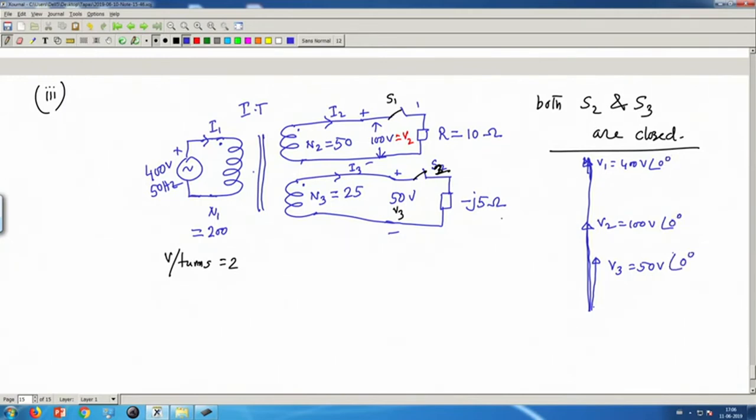Now, you see that this is resistive. Now, both I2 and I3 exist. I2 will be equal to this 100 angle 0 degree divided by 10 angle 0 degree, which is equal to 10 ampere, 10 angle 0 degree ampere.